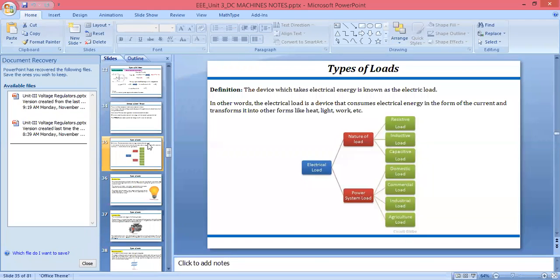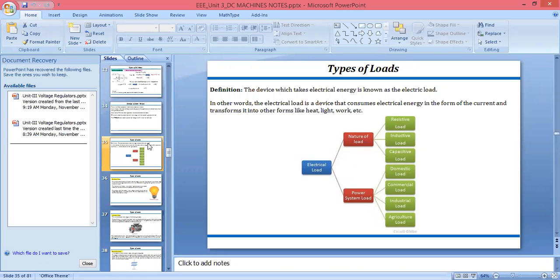When we give the power supply, only then can you start your computer, your television, or your fan. It means any device which can take electrical energy, we can call an electrical load because it is taking the energy.